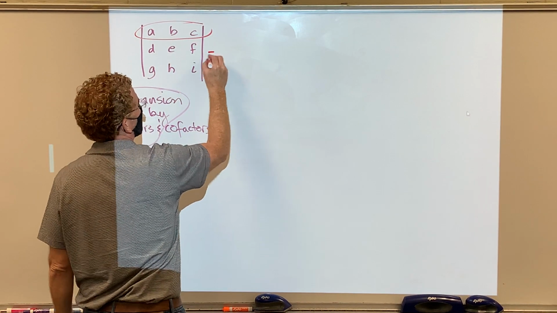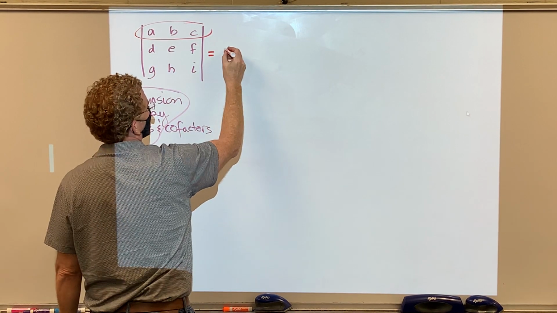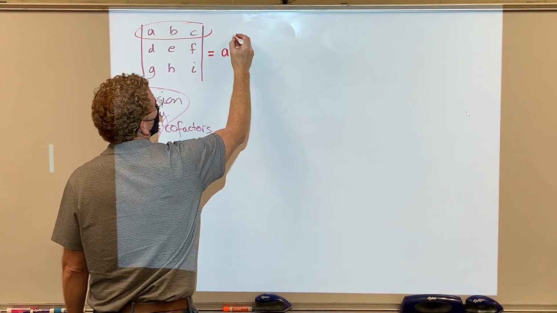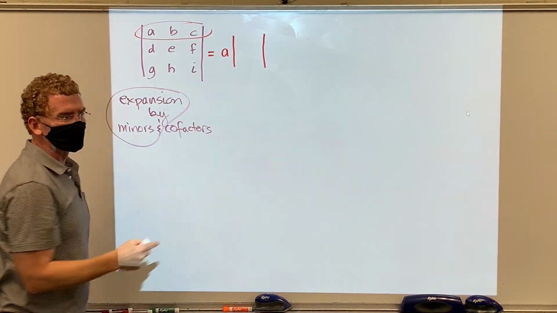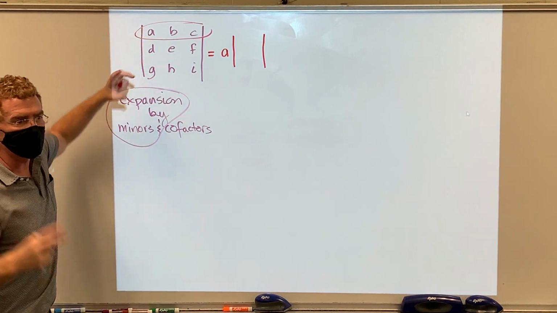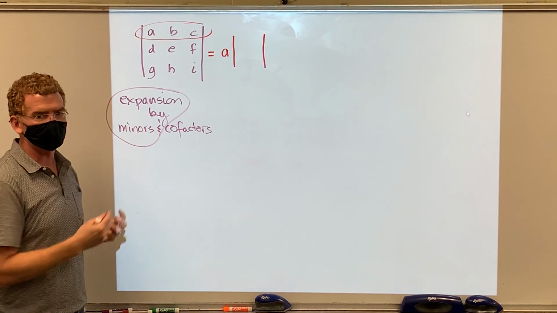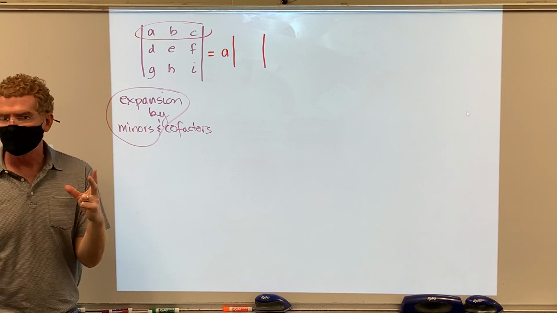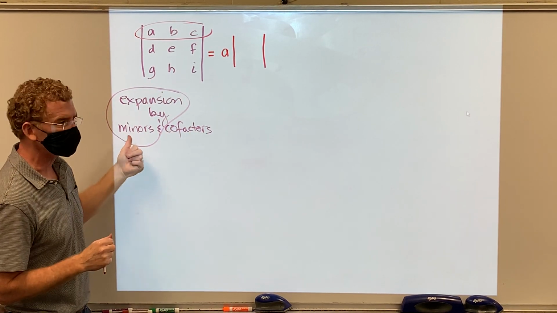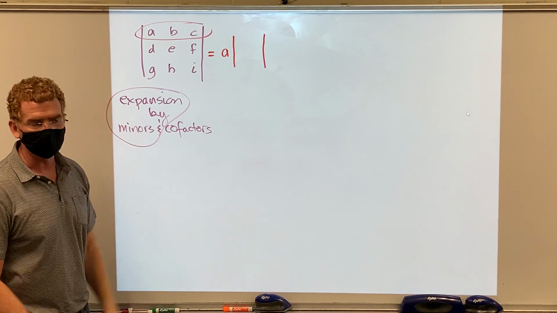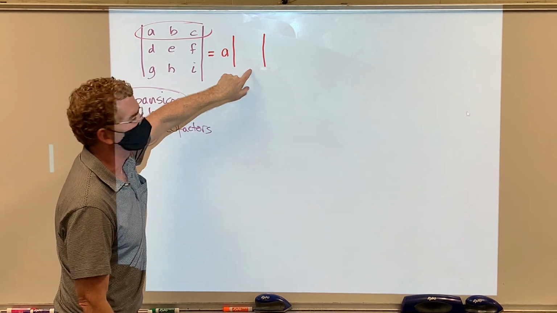So to simplify this, I'm going to write down each of those numbers, but I'm going to leave some space for a determinant. And the determinant that I'm going to multiply by A is 1 degree less than the original. So if the original is a 3 by 3, the determinant you're going to multiply by A, which we call its minor, will be a 2 by 2. So I'm leaving enough room for a little 2 by 2 right there.